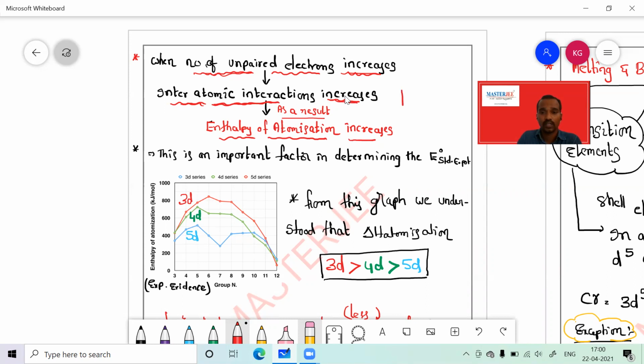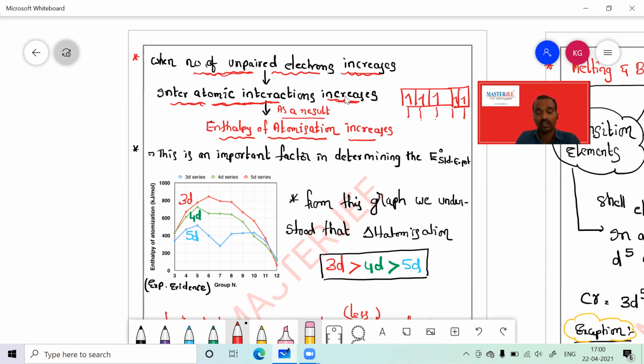Understood? One species having one unpaired electron can form only one bond. Another having two unpaired electrons can form two bonds. Three unpaired electrons, three bonds; five unpaired electrons, five bonds with the other species. So as the number of unpaired electrons increases, the number of bonds increases: 1, 2, 3, 4, 5.